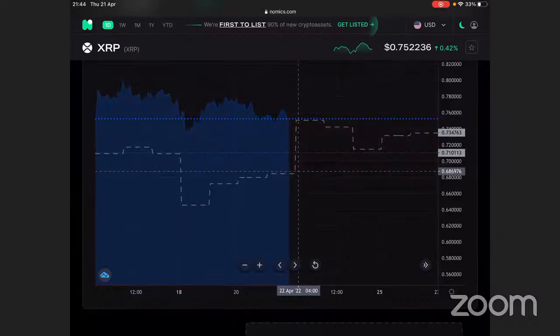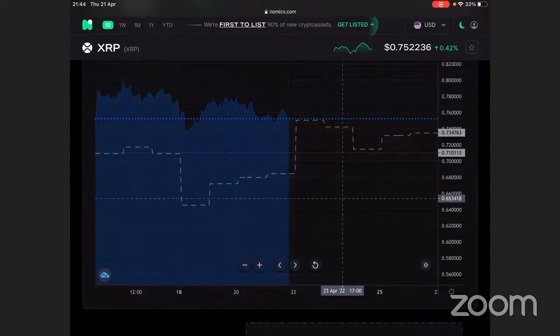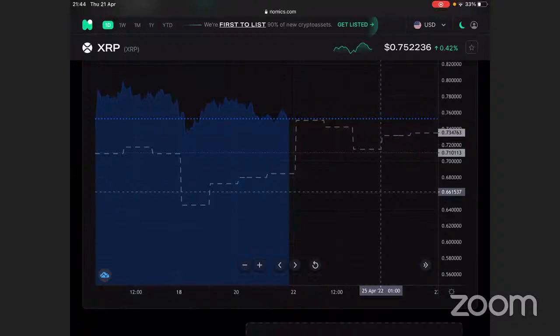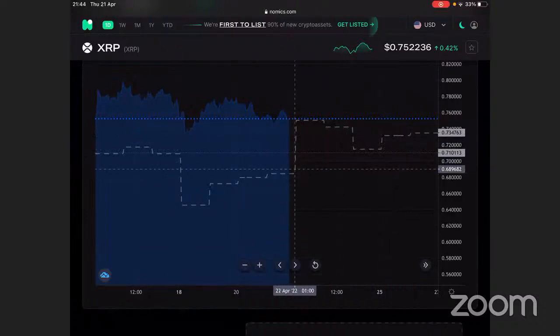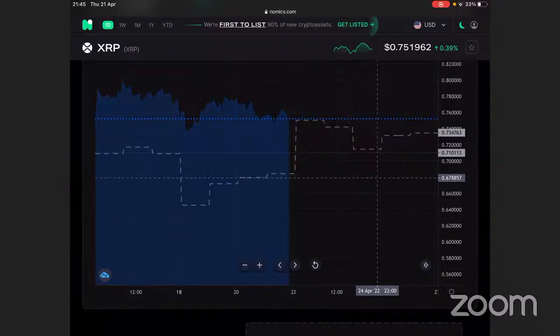But then if you take, let's say, this one on the 25th of April, you can also calculate the rise, and you know that this is not as big as the one here on the 22nd of April. Both are increases in price, but you can see that this is a major increase and this is a little increase.